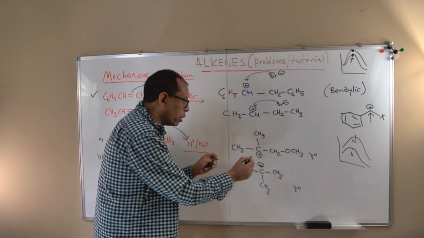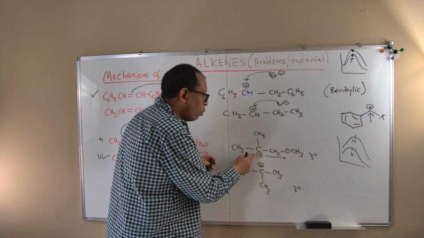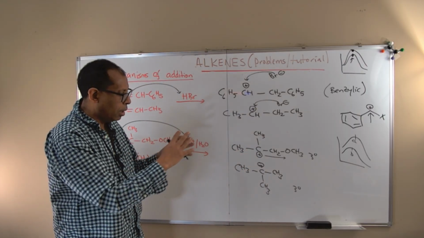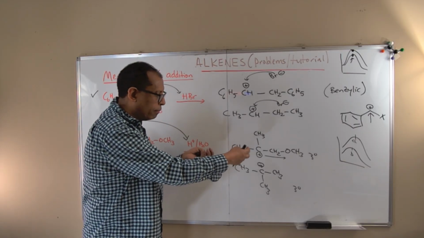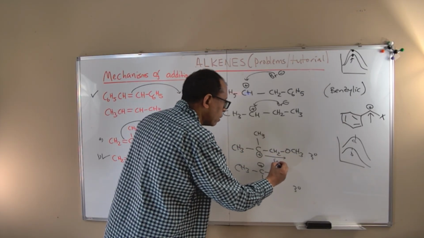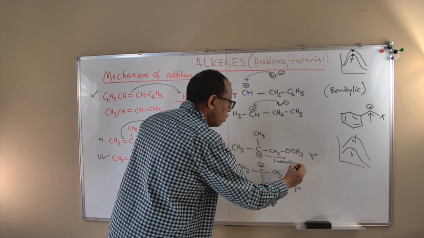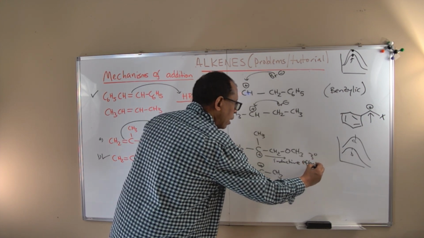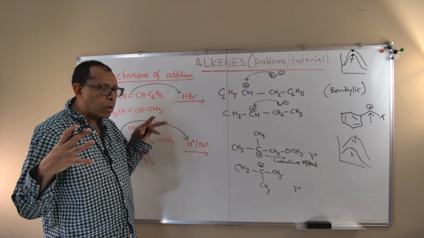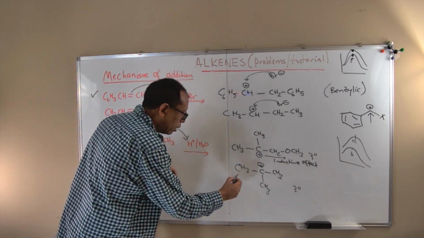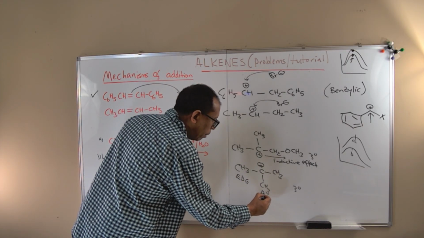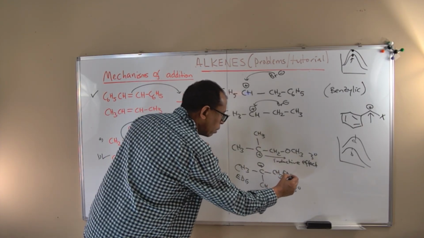So the electron withdrawing group, like this, makes it even more positive. That means more unstable. Electrons are withdrawn by the inductive effect of an electronegative atom, even at a distance. Actually, you need electron donating groups, like methyl, alkyl groups, around it.